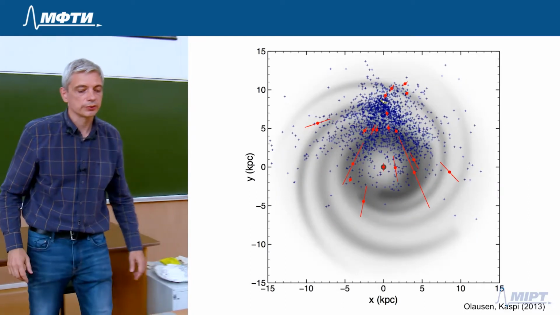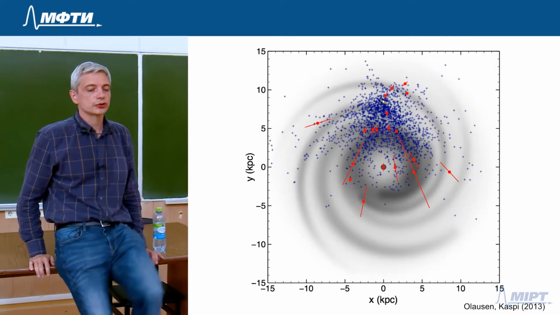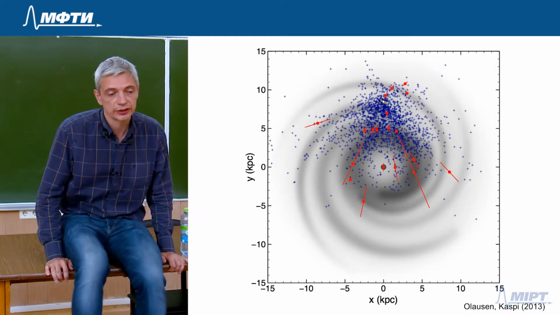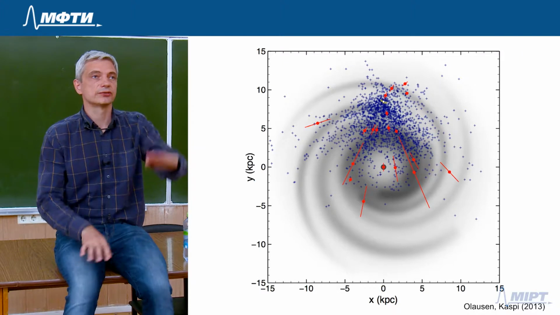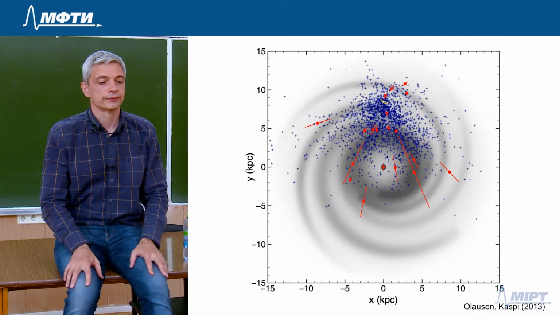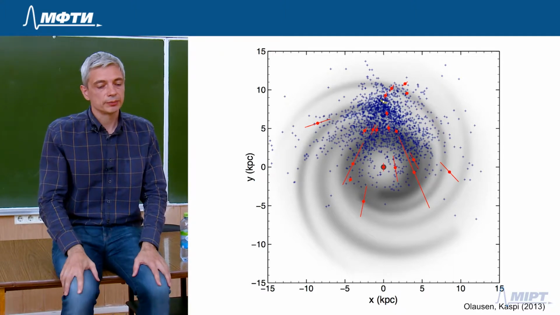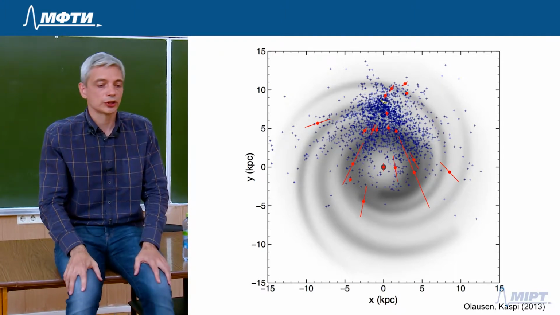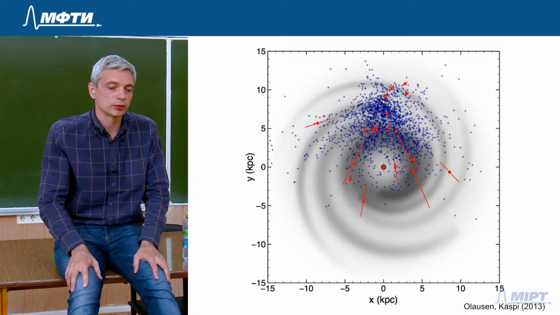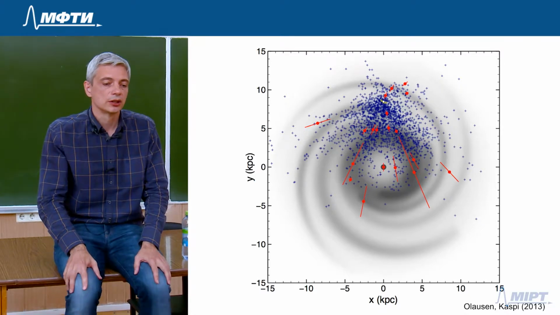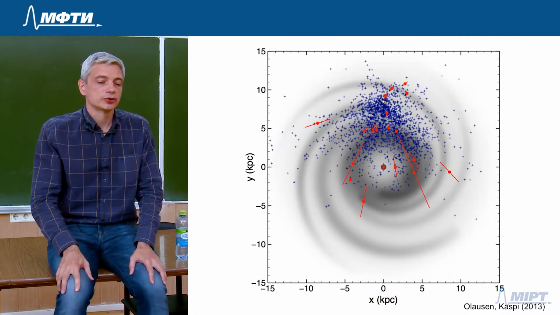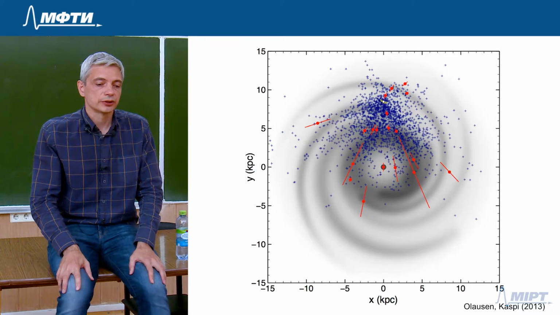This is how this population looks in our galaxy. If you look at our galaxy from above, you can see the spiral arms, you can see many blue dots. These are normal, ordinary radio pulsars, and you see these red dots which show the magnetars.